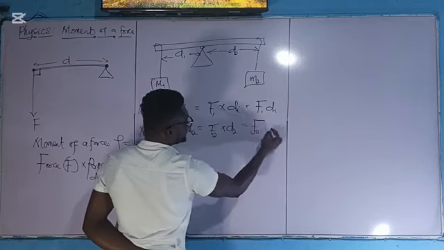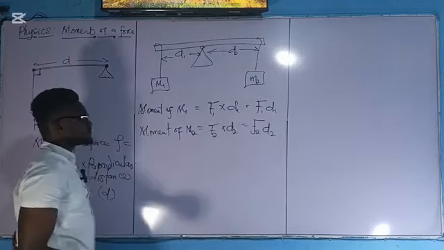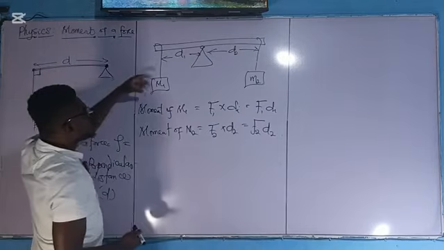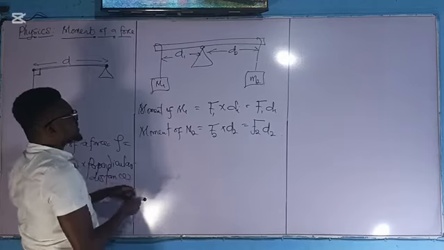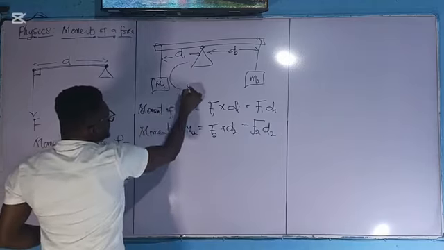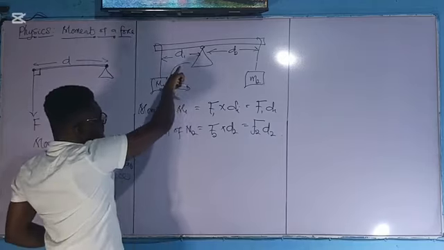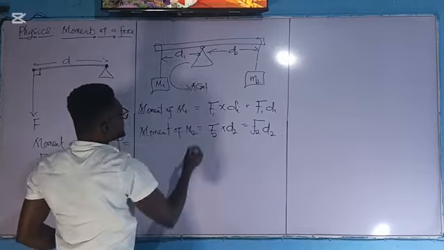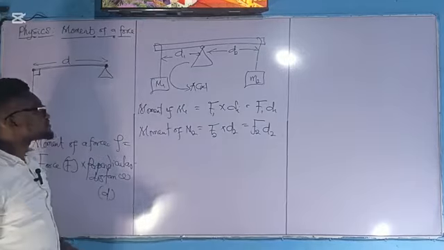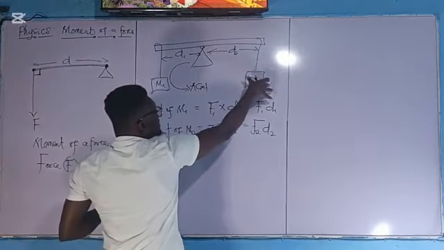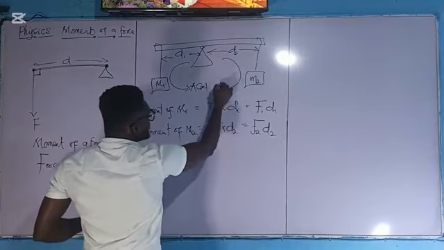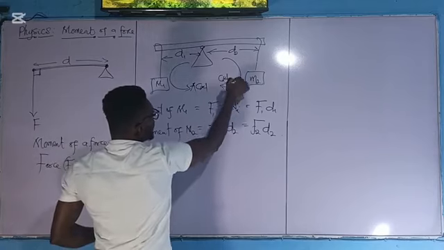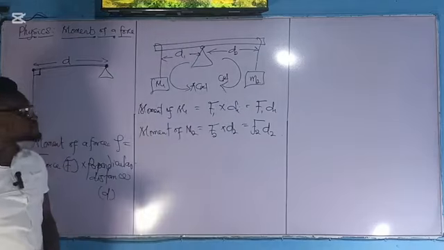Now looking at this, when you exert a little force here, the body will tend to move in this very direction, which we termed anti-clockwise moment. So if you depress this very one, it will tend to move in this very direction, which is clockwise direction.